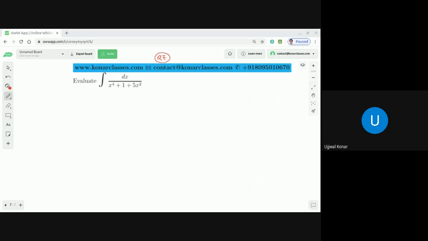Okay, so what we're going to get is that in the numerator, I want to bring x square plus 1. If I need to bring x square plus 1, what do you need to do? Notice very carefully the steps I'm following.